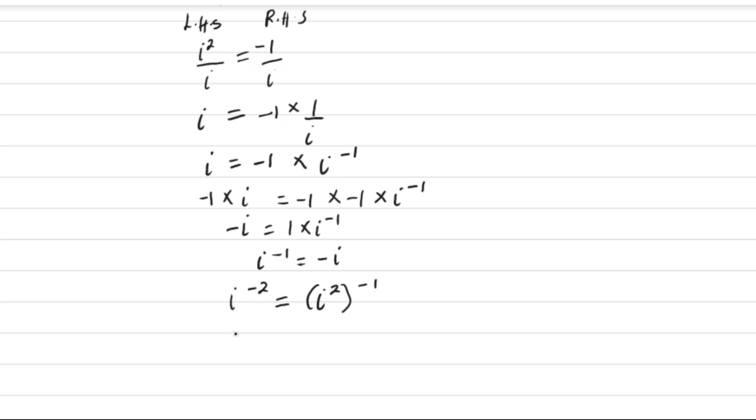So i raised to power minus 2 gives us i squared, which is minus 1, raised to power minus 1. That will still give us minus 1, because minus 1 raised to power minus 1 is the same thing as 1 over minus 1. That is, you're finding the reciprocal of minus 1, which will still give you minus 1.